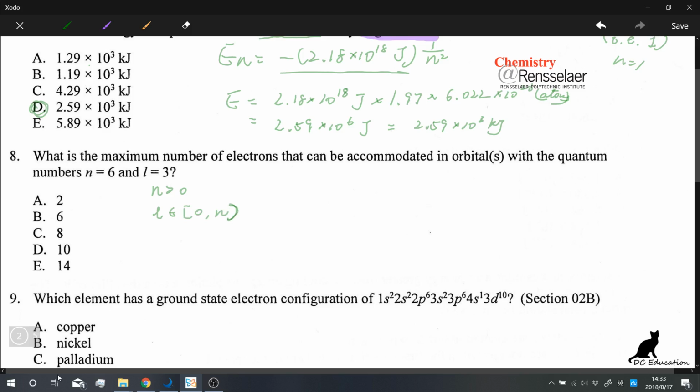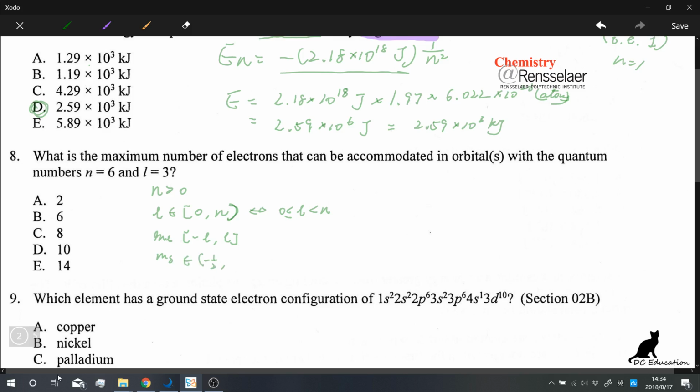It's greater than or equal to 0, and smaller than n. It cannot reach n. And there are another two, ml and ms, and ml goes from negative l to l, and ms has only two possibilities.